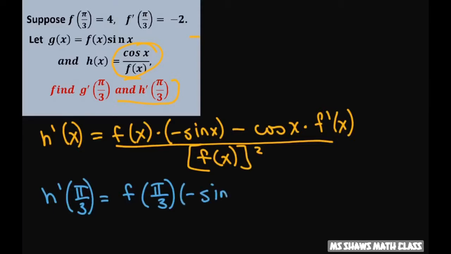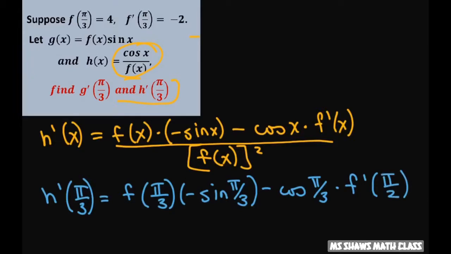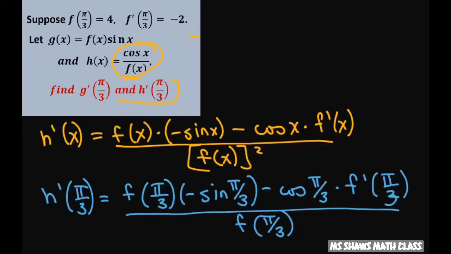Negative sine pi divided by 3 minus cosine pi divided by 3 times f prime of pi divided by 3, all divided by f of pi divided by 3, and then square that. All right, so let's just evaluate everything.